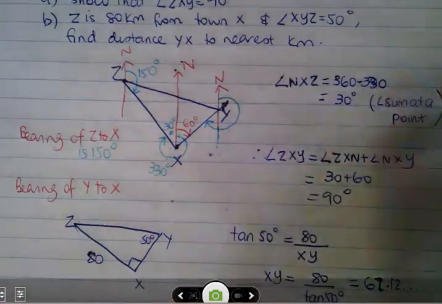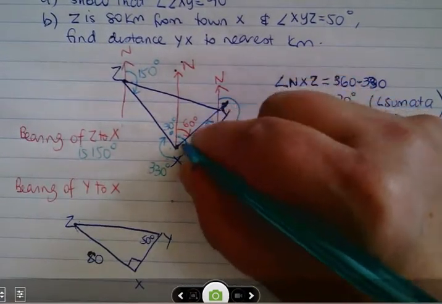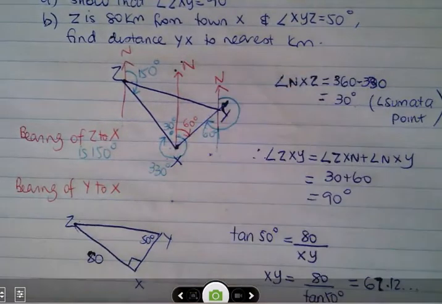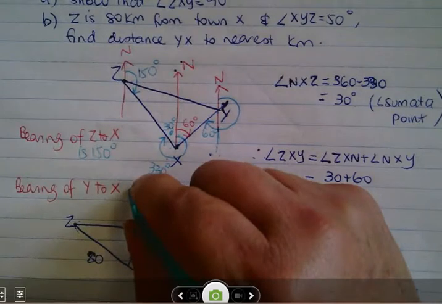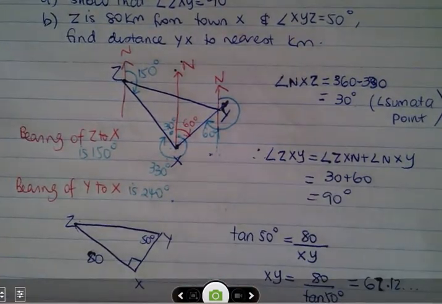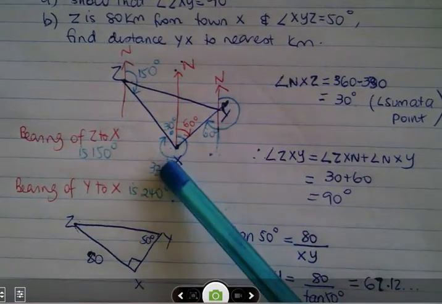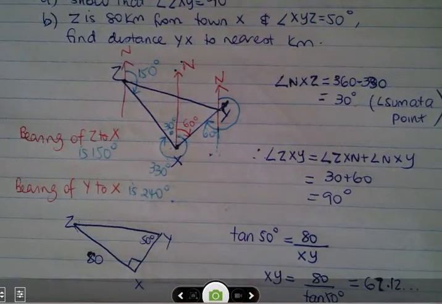What else have you got down here? That's 60 in there. So what's the bearing? 180 plus 60, which is 240. Or, because you know the bearing of Y from X is 60, the bearing of X from Y is 60 plus 180, which is 240.